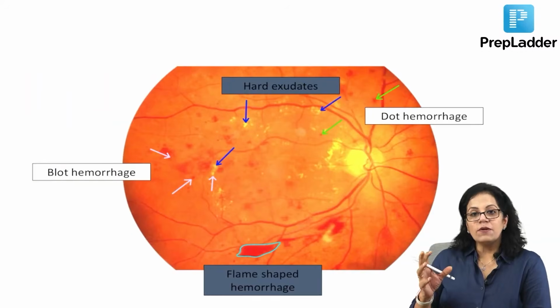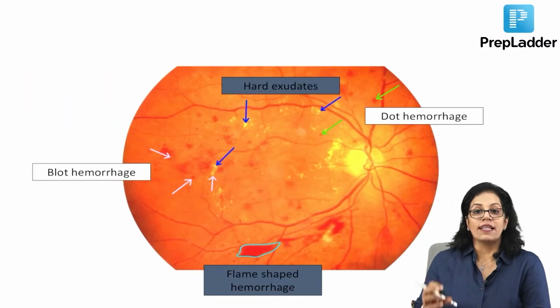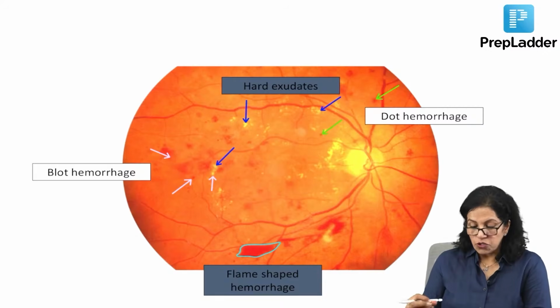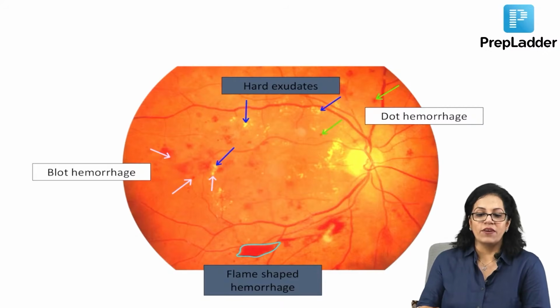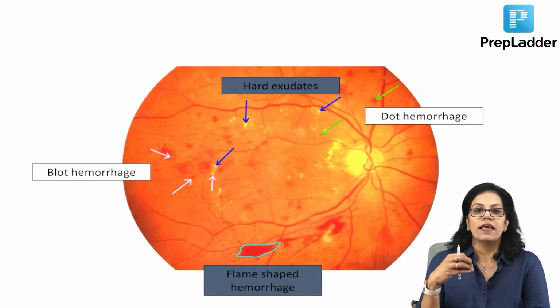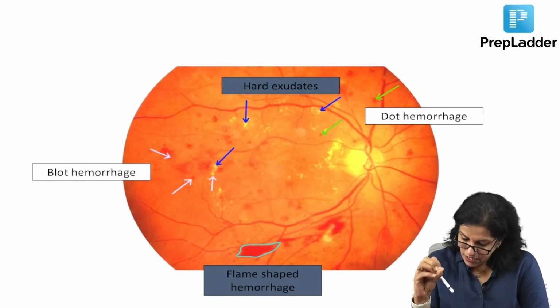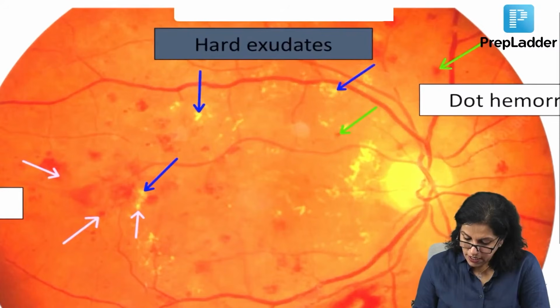Okay, so when you talk about the DR, just have a look at these slides. We have just learned the classification about hemorrhages and exudates. You should be able to recognize this. That is why I am revising this, because they have asked you what are hard exudates, what are soft exudates on the slides. So, these are the hard exudates, which are nothing but, we remember this, leaked lipids.